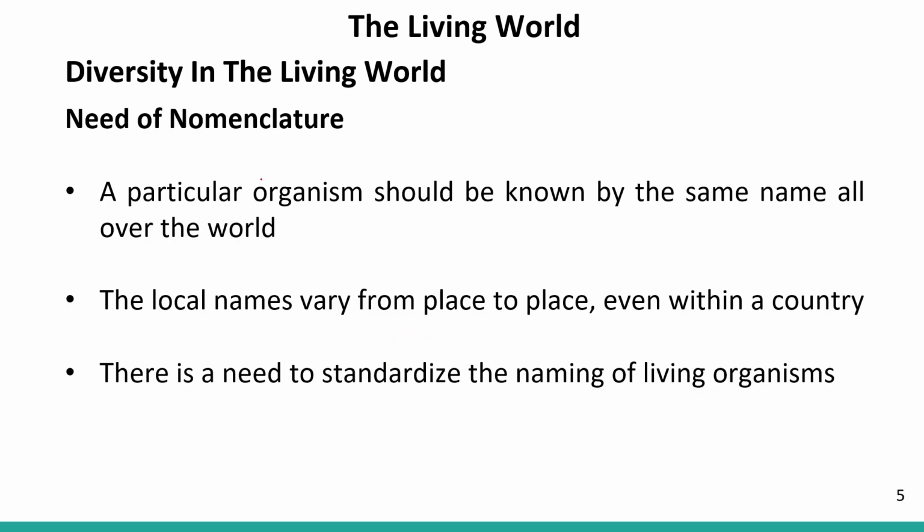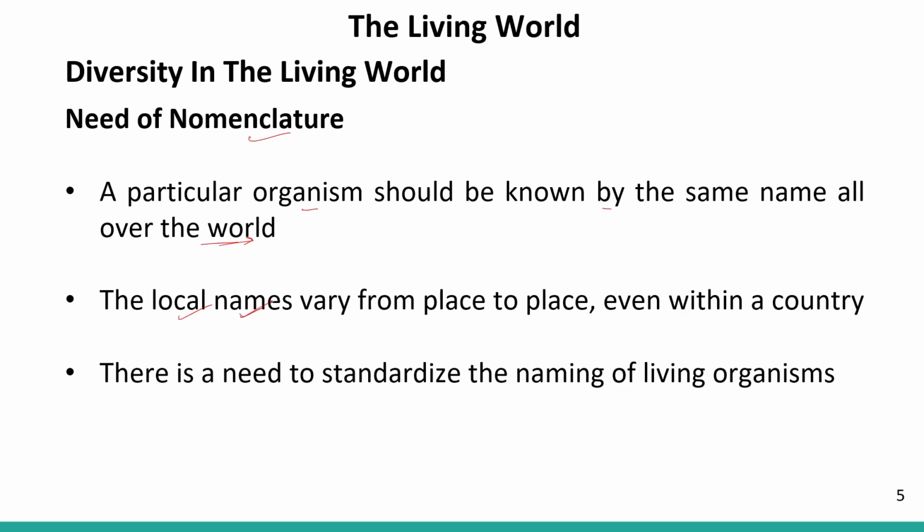Now, what is the need of nomenclature? A particular organism should be known by the same name all over the world. We have different local names for different organisms. Even within a country, the name of an organism differs from one state to another.